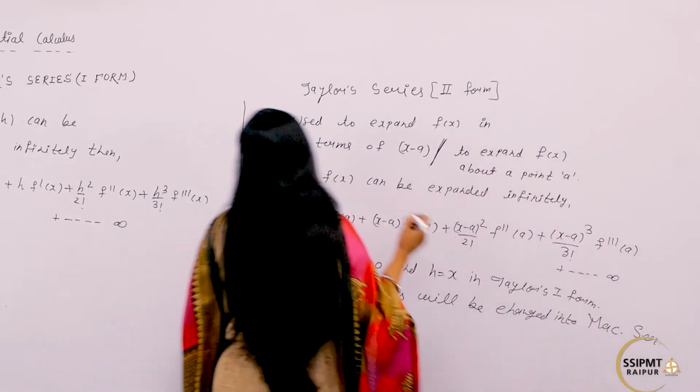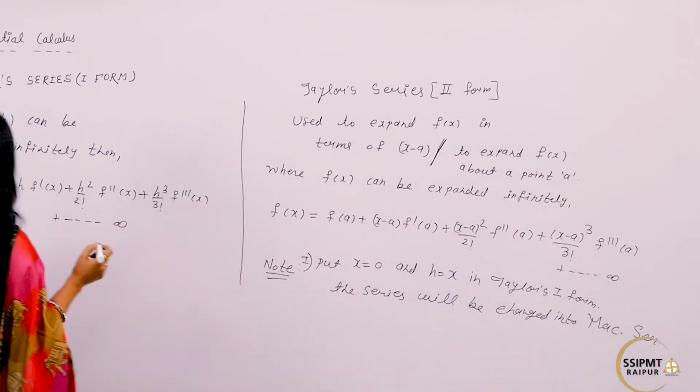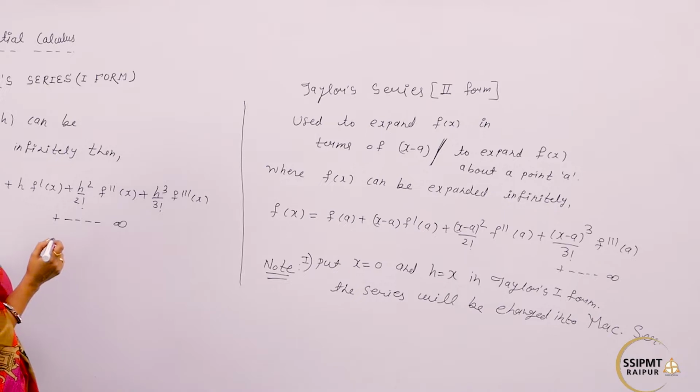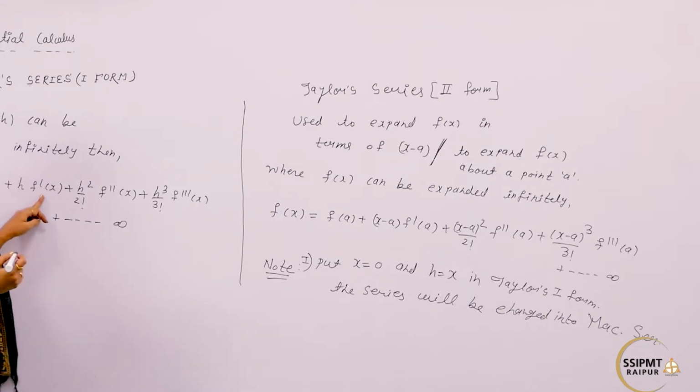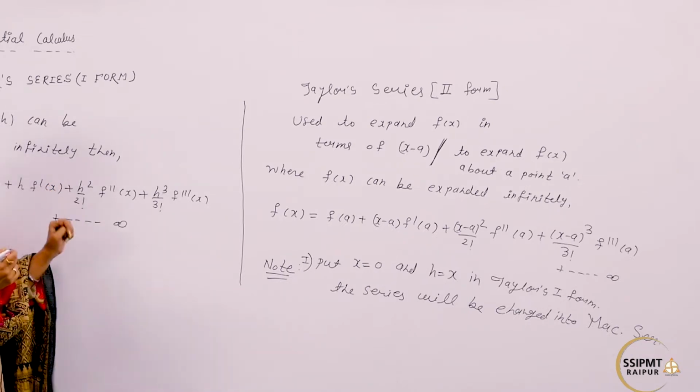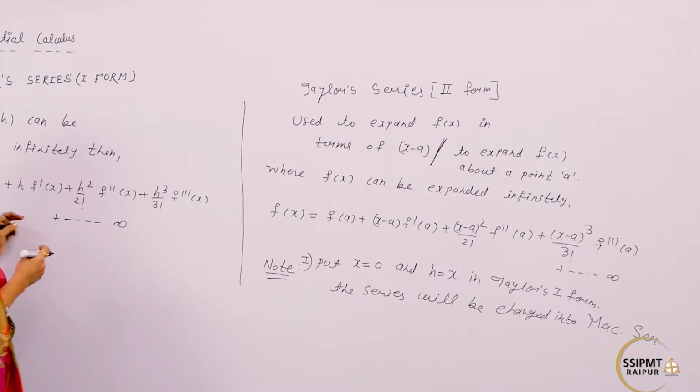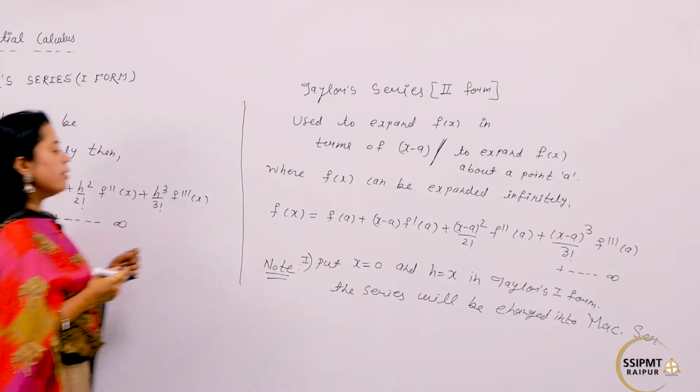Let's see. If we put x is equal to 0 and h is equal to x, we can see there will be f(x), then f(0) plus x f dash 0 plus x square by factorial 2 f double dash 0. That means the series will change into Maclaurin series.